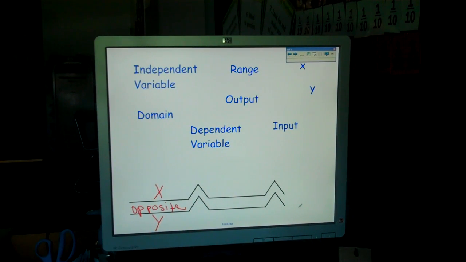You can do domain, range, dependent, independent, input, output. And if you can think of other words, use those as well. But these words are what I want to be included. And you're going to have to extend your lines to make your bridge map. Okay? So on this top row should be every name that can be used for x. And on the bottom row should be every name that can be used for y.